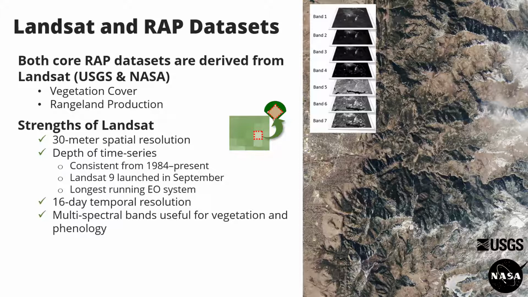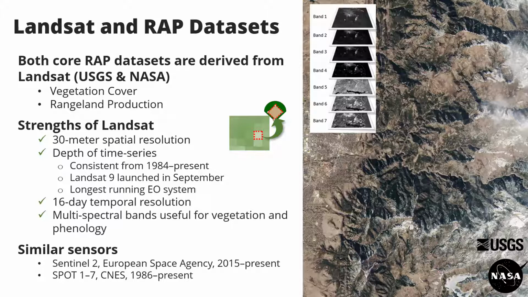So it's collecting essentially measurements of reflectance in the red, green, and blue portions of the electromagnetic spectrum that we're used to seeing as humans, but it's also capturing other types of energy that are reflected from the Earth's surface that are really important for understanding plants and how plants are changing through time. And so while there are fantastic similar sensors available, the Landsat is really unique in a lot of regards.